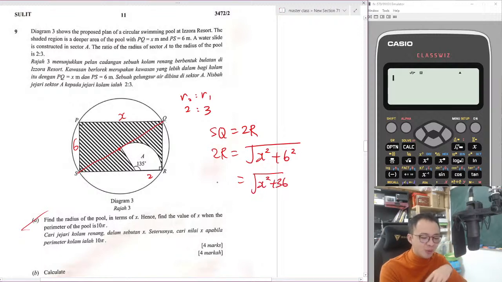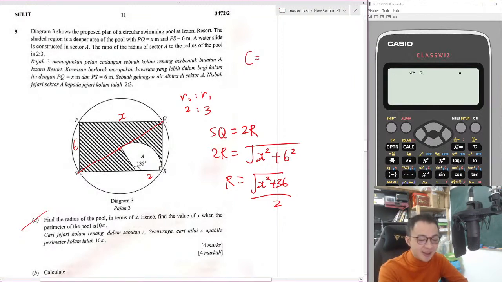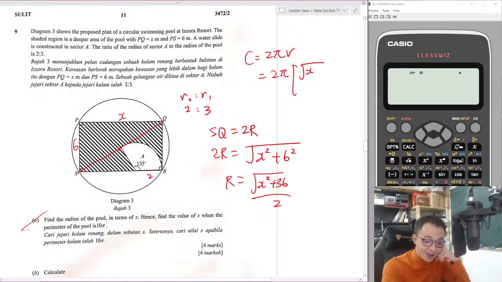So I will just leave it as 2r, so r is the square root of x squared plus 36 over 2. Then they tell me the perimeter of the pool is 10 pi. So basically it's the circumference, which is 2 pi r, isn't it?